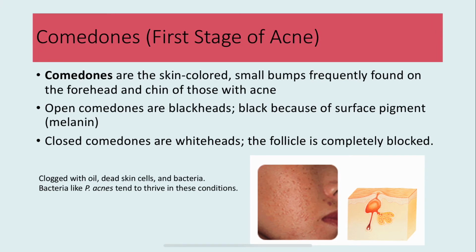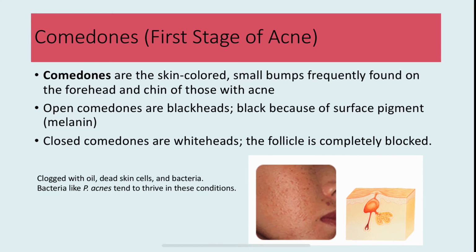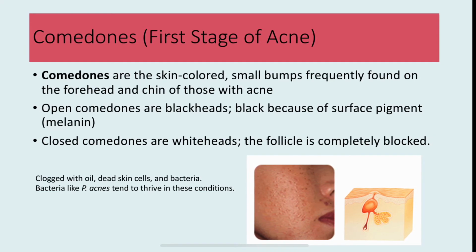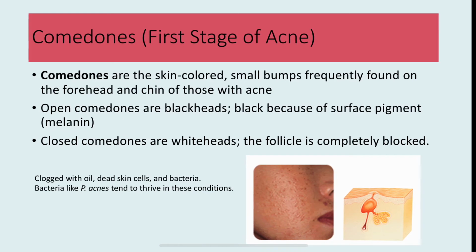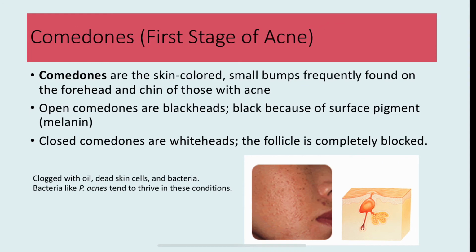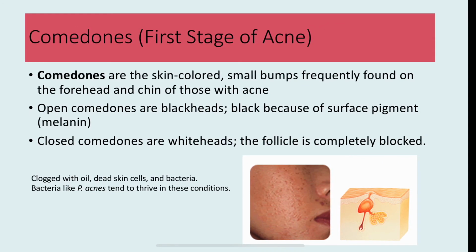Open ones are blackheads, black because of the surface pigment, which is melanin, and closed ones are whiteheads. The follicle is completely blocked. They are mostly clogged with oil, dead skin cells, and bacteria. Bacteria like P. acnes tend to thrive in these conditions.